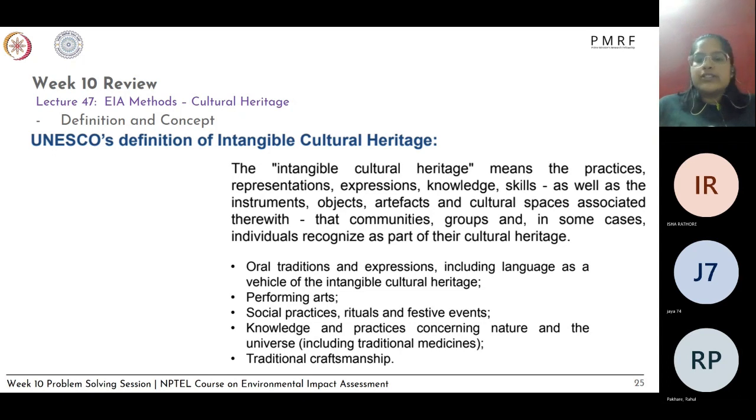These include oral traditions and expressions, including language as a vehicle of the intangible cultural heritage, performing arts, social practices, rituals, and festive events, knowledge and practices concerning nature and the universe, including traditional medicines, and traditional craftsmanship. So, all of these are intangible cultural heritage dimensions or examples.